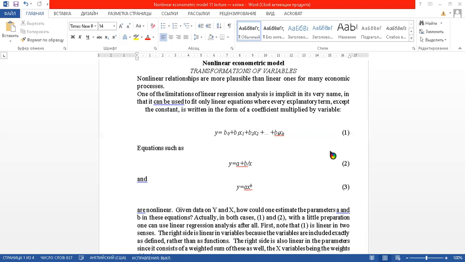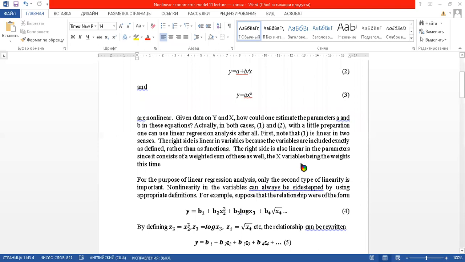Given data on x and y, how could we estimate the parameters a and b in this equation? Actually, in both cases, with a little preparation, one can use linear regression analysis after all.